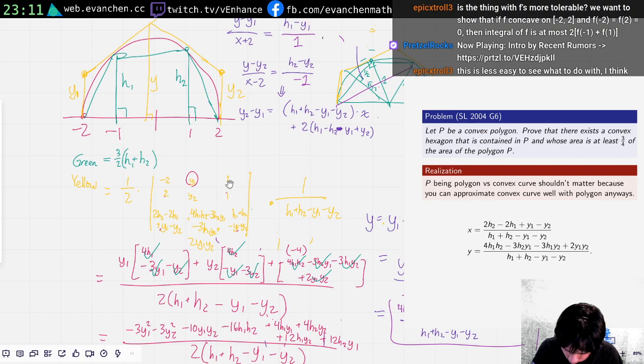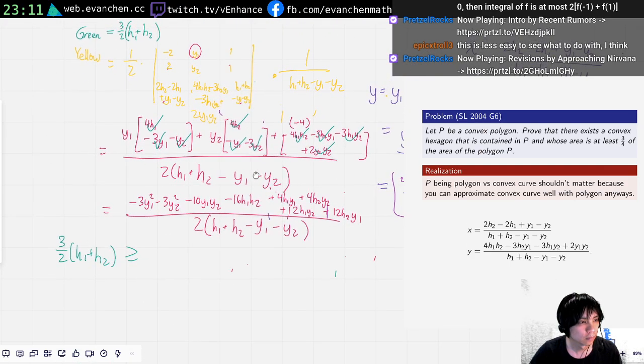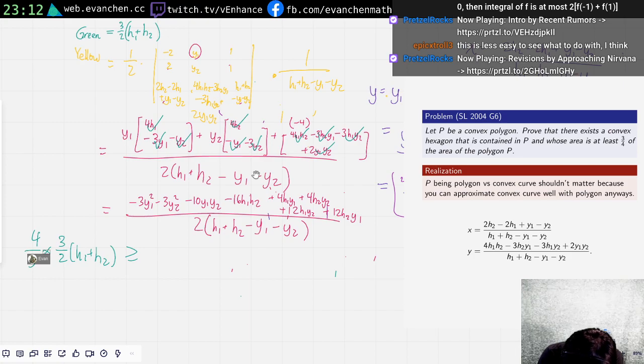Okay, so we want the green area to be at least 3/4. So what I want is 3/2 h1 plus h2 to be at least, okay, all right. Let's just get rid of this thing. I'll put the 4/3 here, and it should be at least.